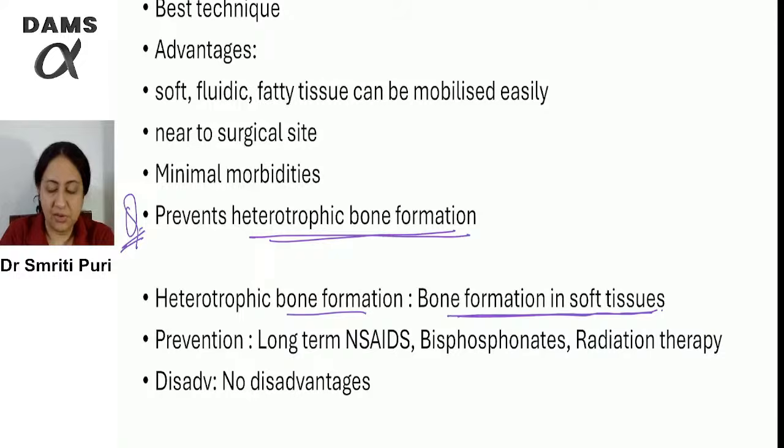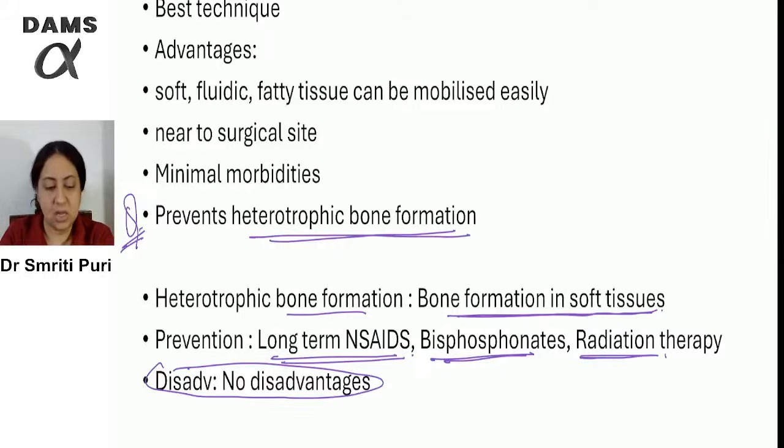Apart from that, there are certain measures which can help in preventing heterotopic bone formation: long-term NSAIDs, bisphosphonates, and radiation therapy. And buccal fat pad grafting has no disadvantages. For long-term NSAIDs, please remember indomethacin. Indomethacin is the choice of NSAID which prevents heterotopic bone formation.